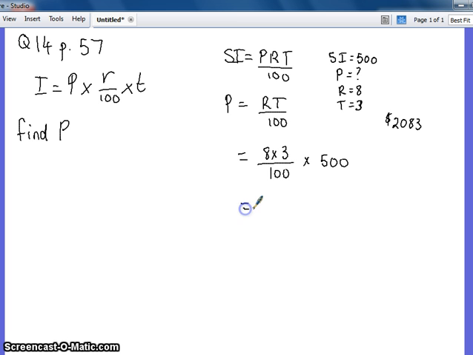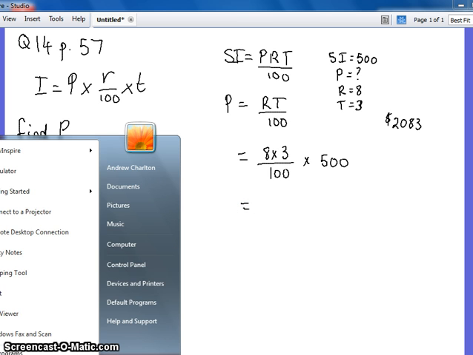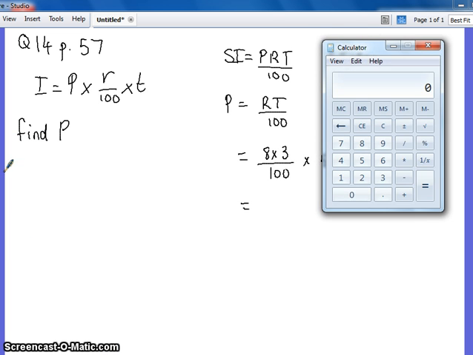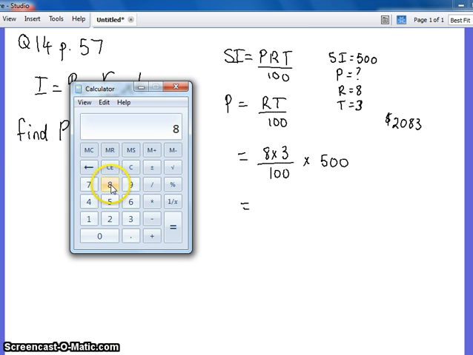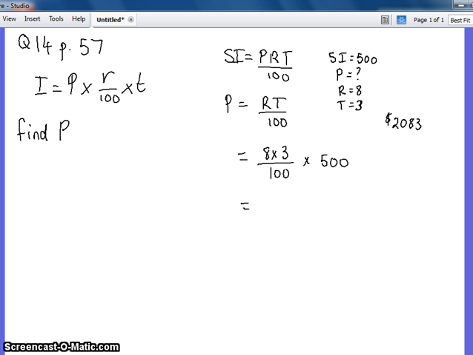So let's try that. 8 times 3 equals 24, divide 100, equals 0.24. Then we reckon we're going to times it by 500. That's 120. That didn't work. So maybe we might divide it by 500.